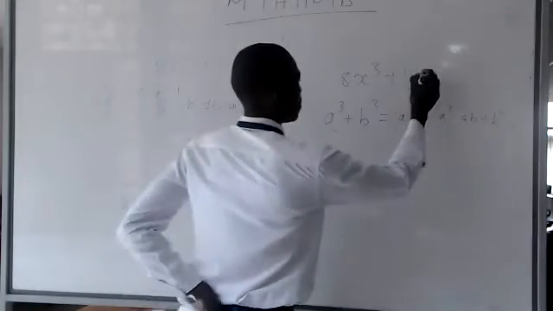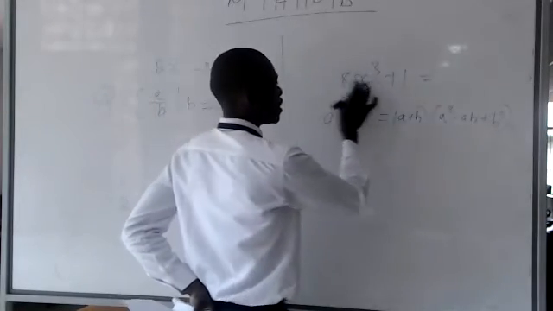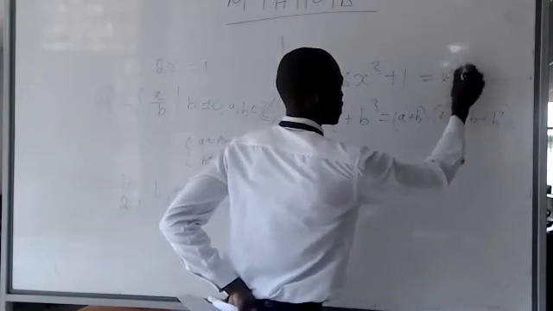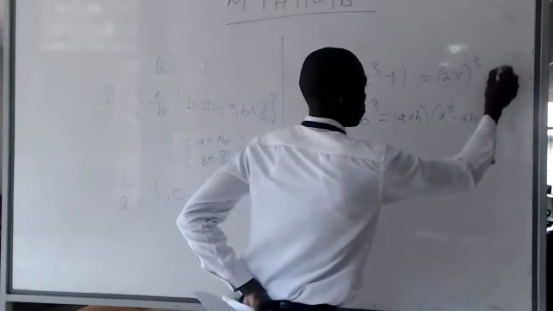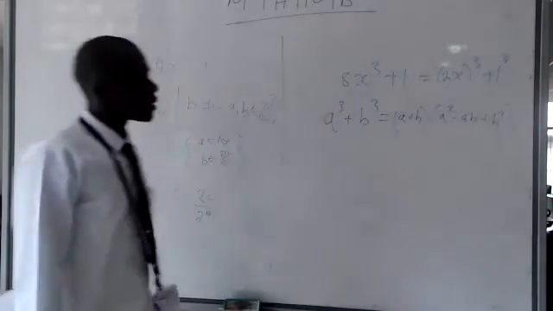Now, of course, remember you can write 8 as 2 cubed, so you can write this as 2x cubed plus 1 cubed. 1 cubed is 1. Okay.